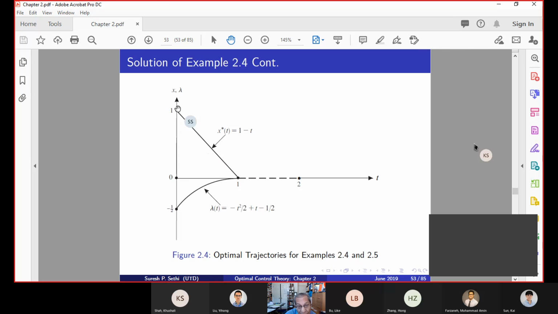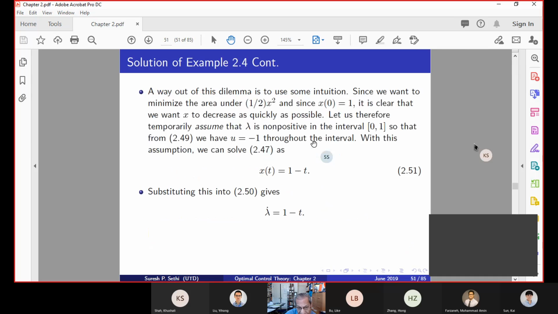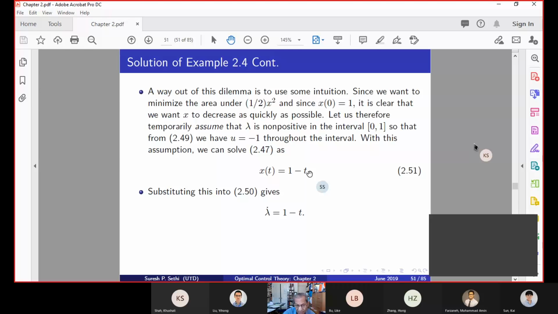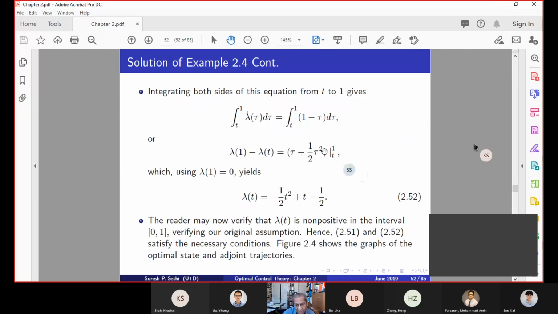So I can use control -1. That will give me the trajectory x star of t equals 1 minus t. Once I have that trajectory, I can put x as 1 minus t, so I have lambda dot equals 1 minus t. I solve lambda. Lambda dot is 1 minus t, and I can integrate, and I get this value.